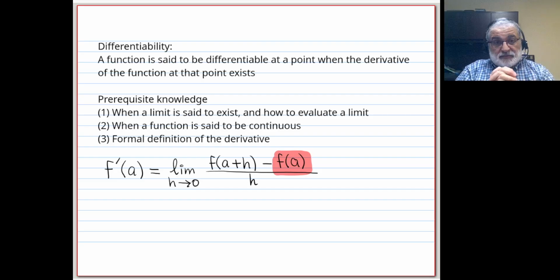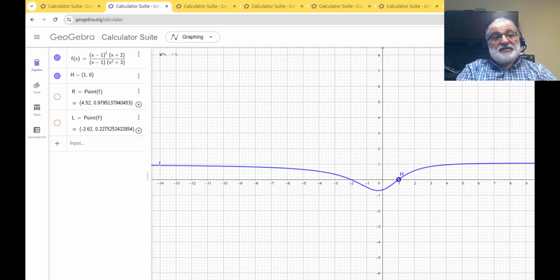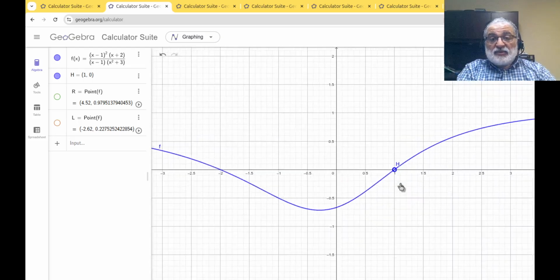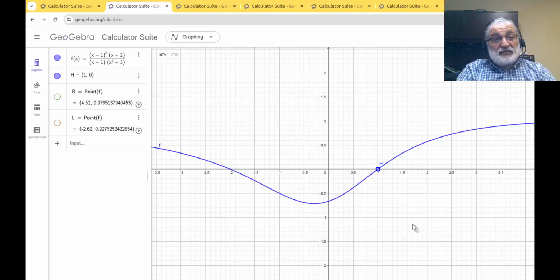It doesn't exist. So for example, look at this graph. You can see the definition of the function to the left. But in this graph, there is a hole in the graph. Exactly where x equals 1, the function is undefined. I have no clue what the function is. The point doesn't exist.